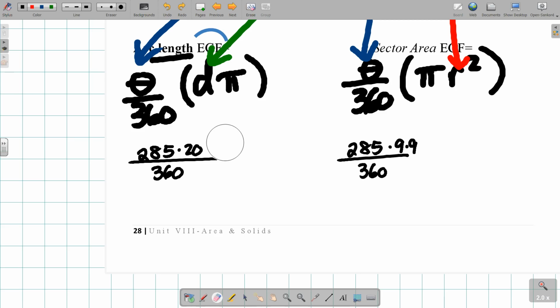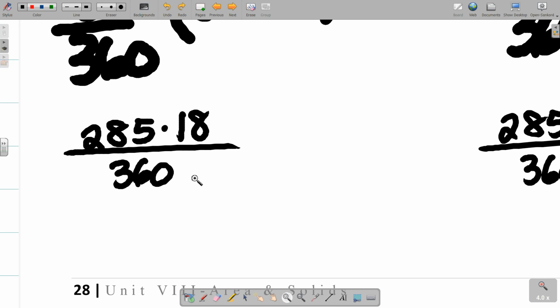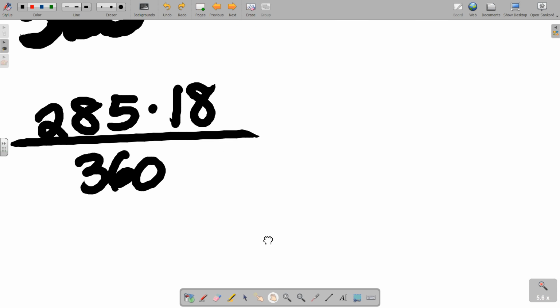That's 18. I'm thinking of the last one. 9 times 9 is the radius squared, pi. Notice I didn't multiply it out because the key to multiplying is not multiplying. It's factoring.